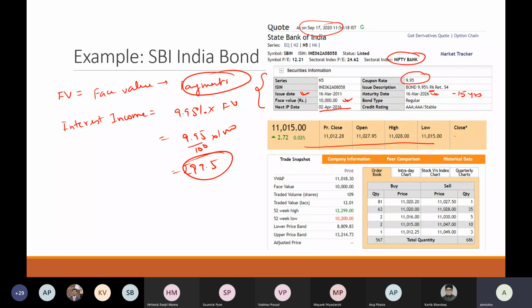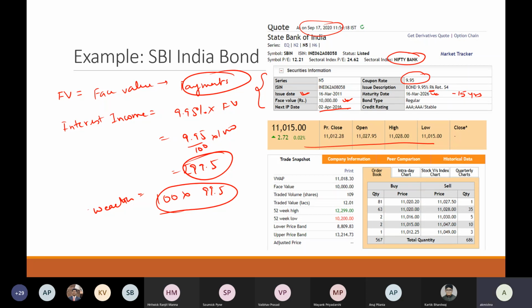So 99.5 INR you will get every year from this instrument. If you have 1,000 such instruments, your wealth will be 1,000 times 99.5. So this is going to be your income because of the stated coupon in this particular instrument.